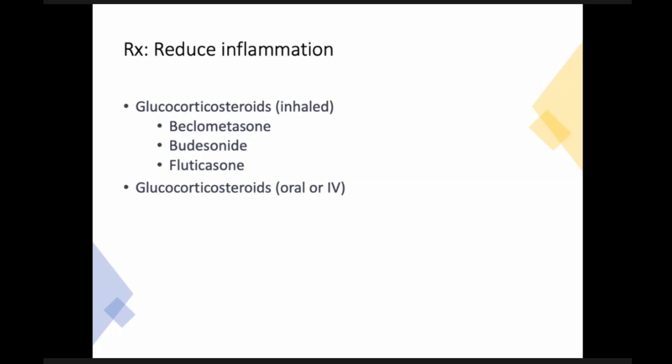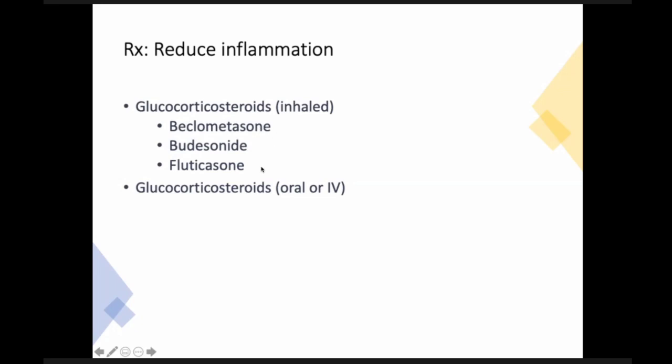Therefore, we prefer not to use systemic or oral glucocorticoids long term. Our preference is inhaled glucocorticoids, where the systemic adverse effects are much less and the delivery can be made directly to the bronchial mucosa, and the doses therefore can be much lower than the oral glucocorticoids.